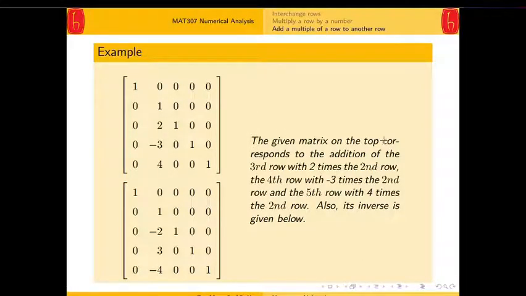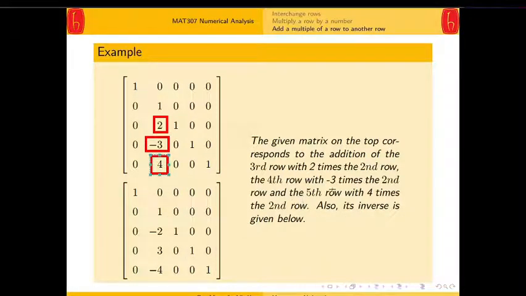this matrix on the top corresponds to the addition of the third row with twice the second row, the fourth row with negative 3 times the second row, and the fifth row with 4 times the second row.